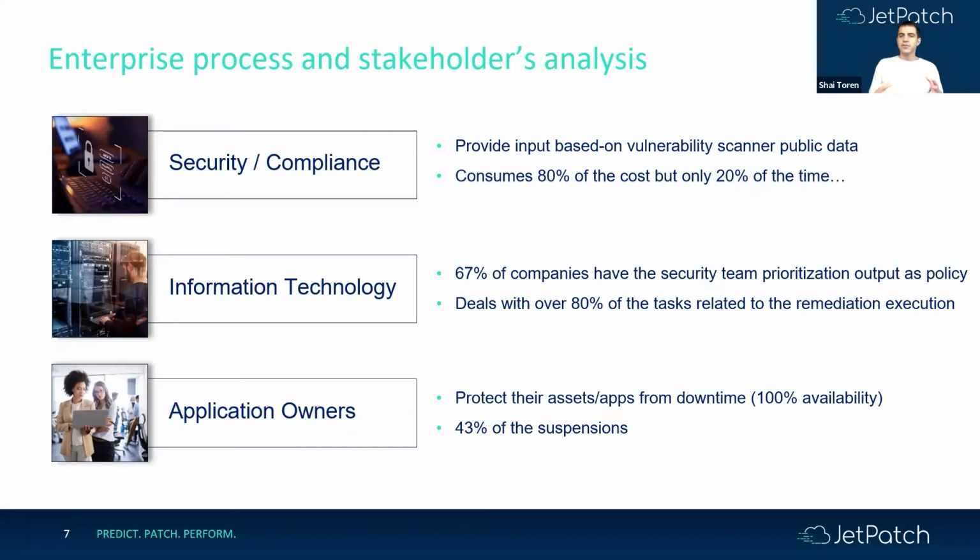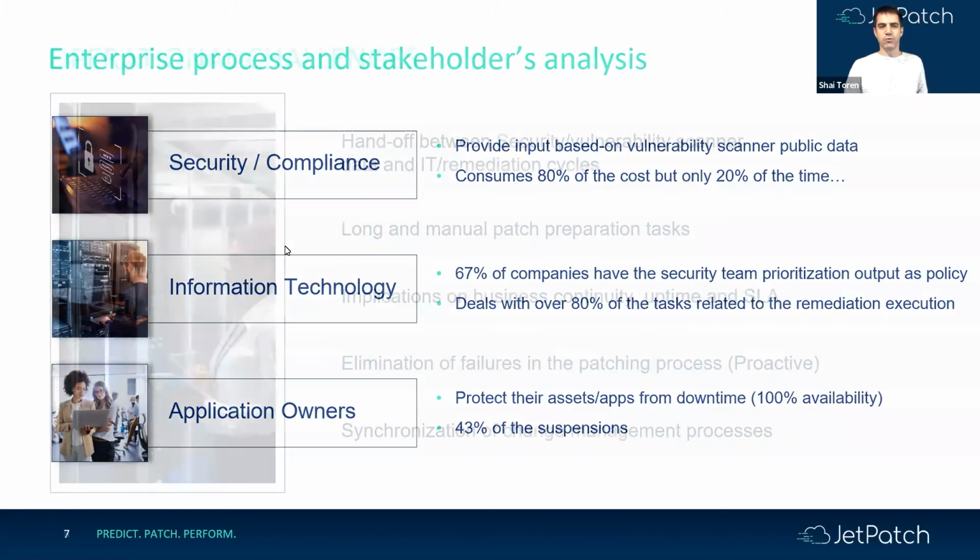So they can suspend or skip a patching cycle. And guess what? Some of these suspensions are later not addressed and just left like that, causing an unpatched system, which is then translated into a security breach.